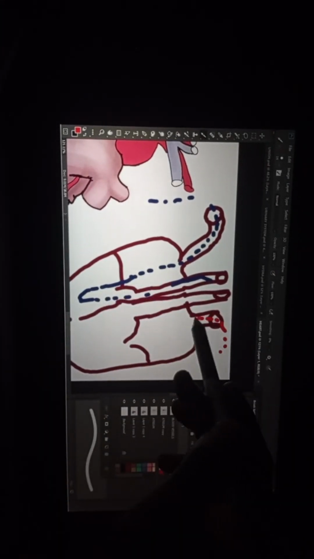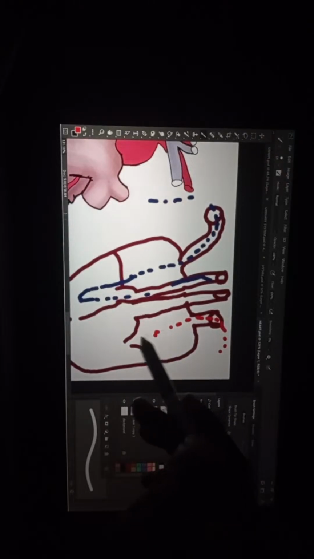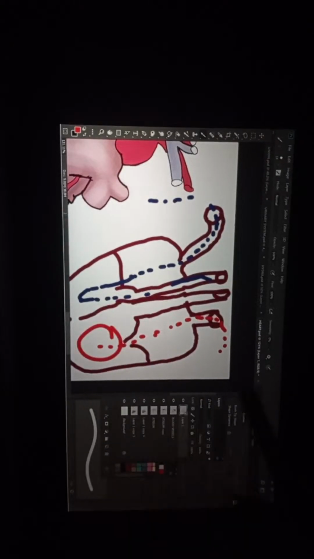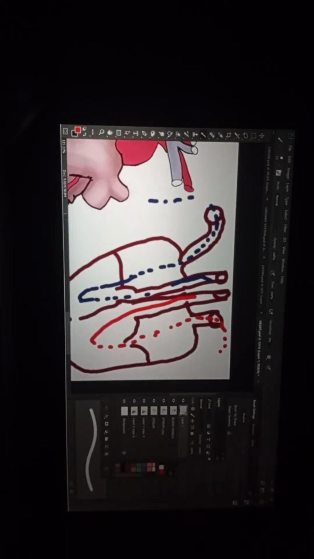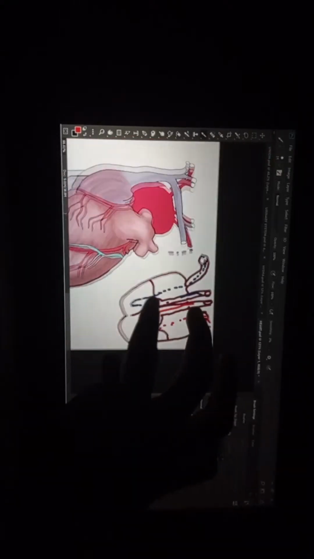Oxygenated blood will come here and push into this ventricle. This is called the ventricle. Now the blood will be pumped through this pipe, which is called the aorta. The blood will go throughout the body, which is systemic circulation, where all the tissues of the body will get blood. So that's just the heart.